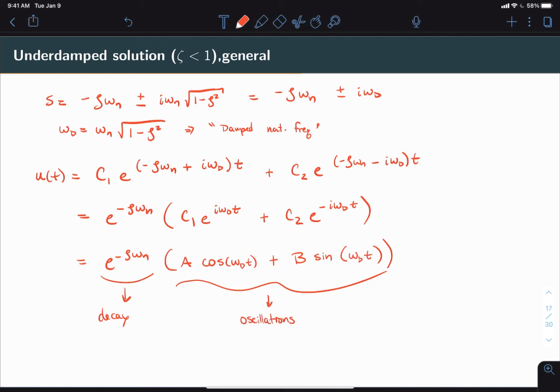So it's essentially like the undamped solution multiplied by a decaying exponential term. It looks like I forgot to include the t here. Of course, the decay is also in terms of time.